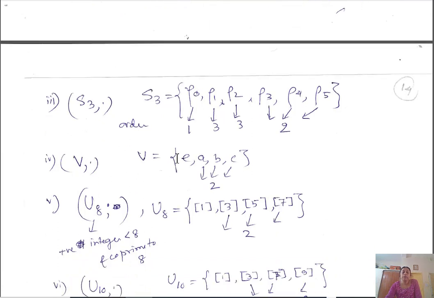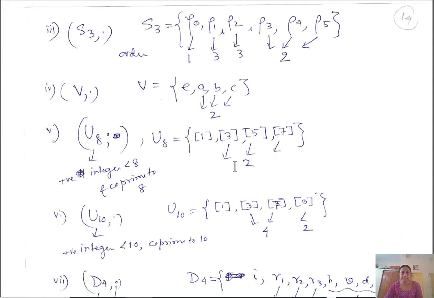In the Klein 4 group, the order of the element E was 1, and the other elements all have order 2. Order 2 means a square is E, b square is E, c square is E. 2 is the least positive integer for which this holds.